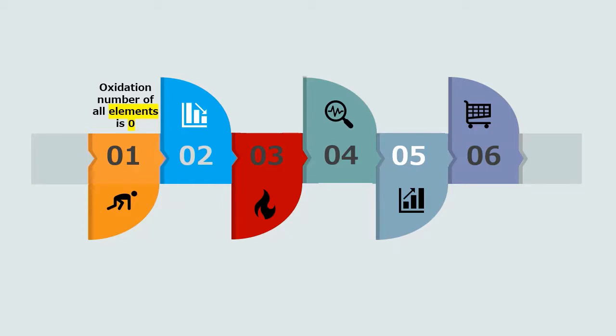The examples of elements are sodium atom, zinc atoms, oxygen molecules, which only consist of the same type of elements, ozone, nitrogen, chlorine. So all oxidation numbers of the elements are 0.